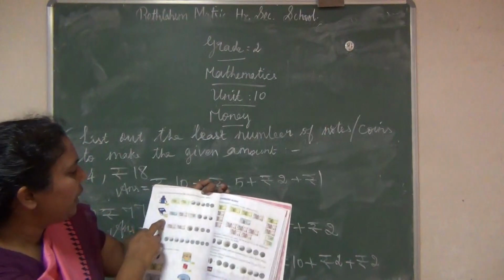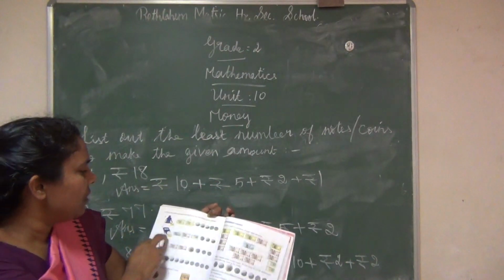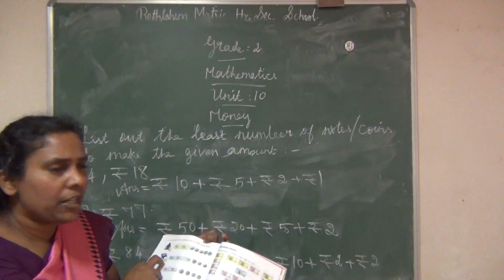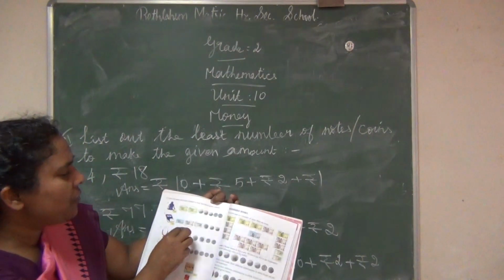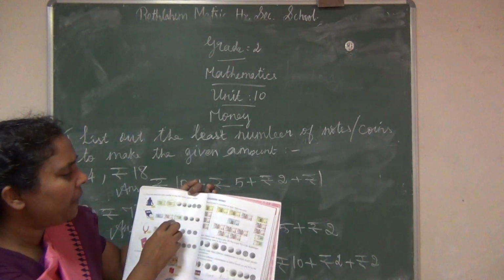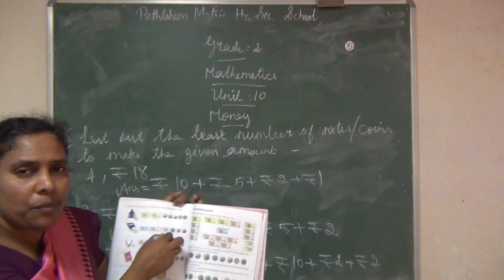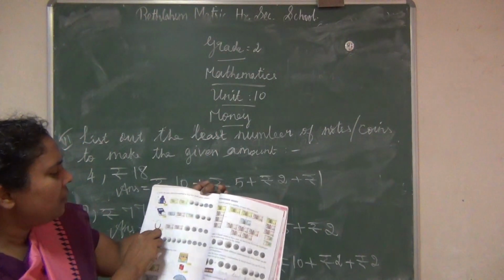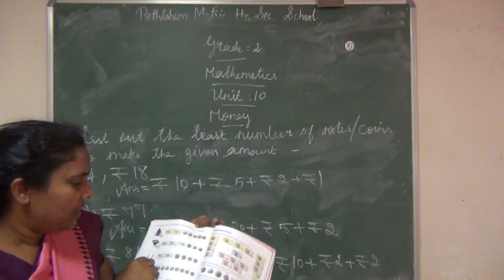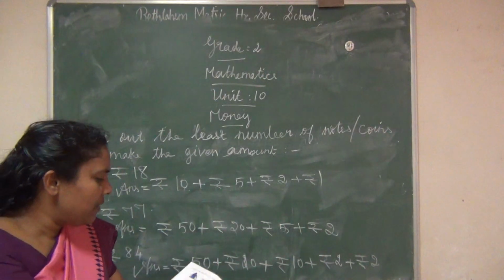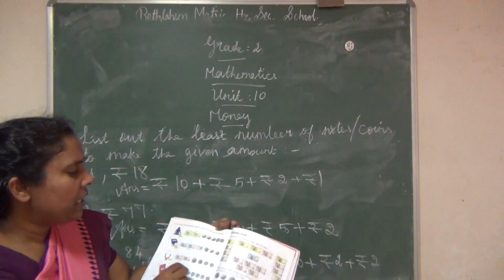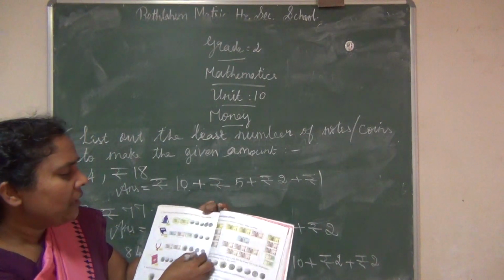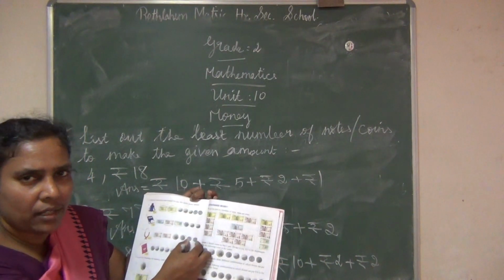Listen to the next one. The cost is 20 rupees. For 20 we should mark 10 rupee, 5 rupee and also 1 5 rupee coin. Like that. Third one, the cost is 17. So we want to mark here 1 10 rupee, 5 rupee, then 2 1 rupee coins.